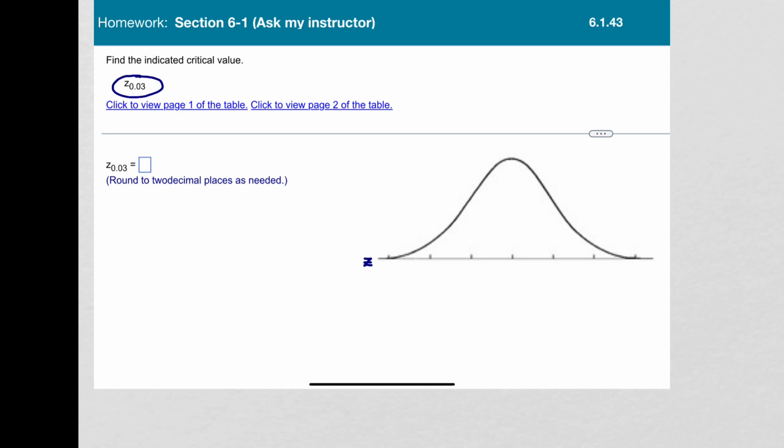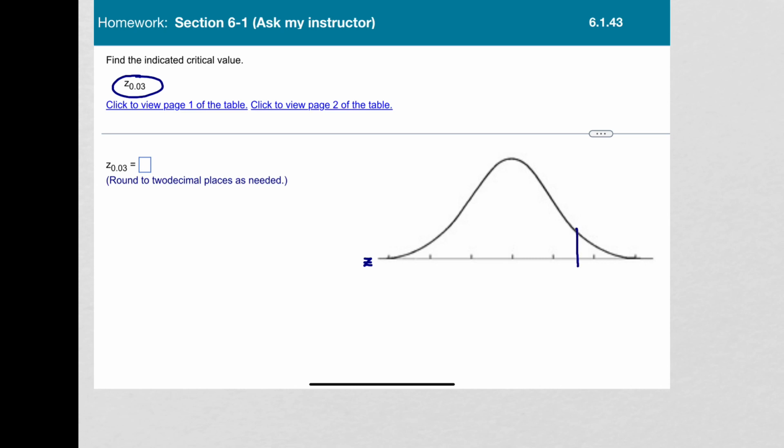0.03. So what this indicates is what z-score, what value along this horizontal axis, cuts off the right-hand 3%. 0.03 is 3%. So I'm going to guess that it's roughly here.